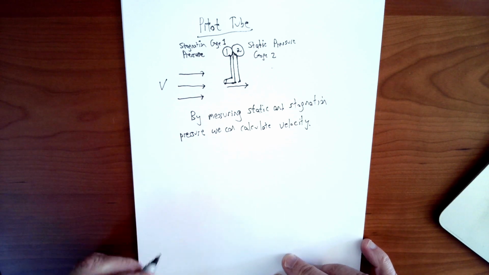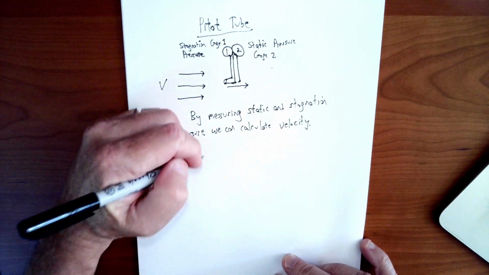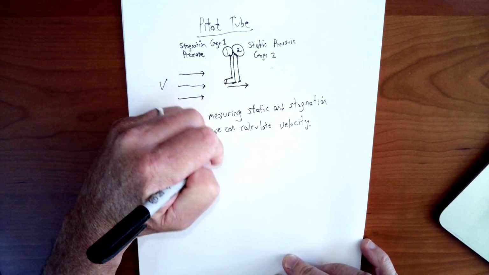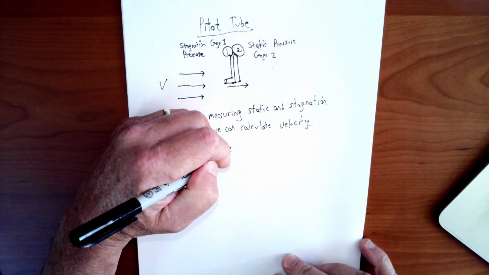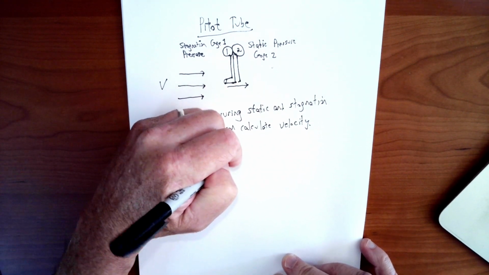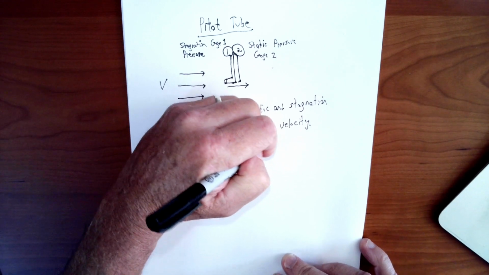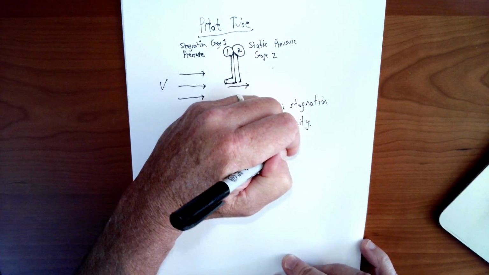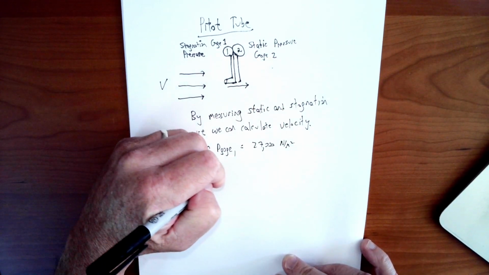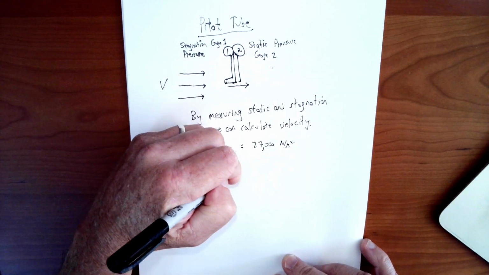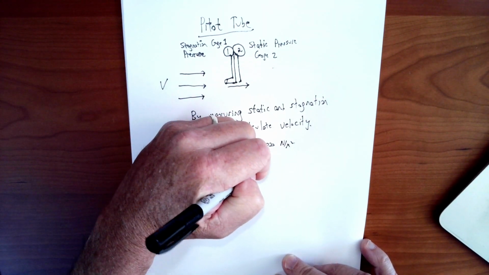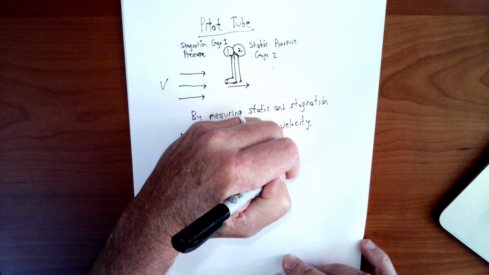So let's just do an example of this. Say gauge 1 is measuring 27,000 newtons per meter squared, and gauge 2 is measuring 22,000 newtons per meter squared.